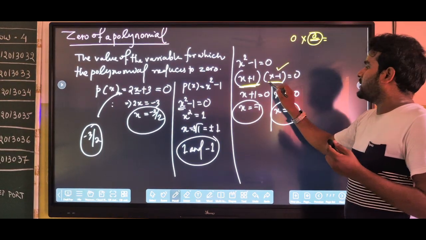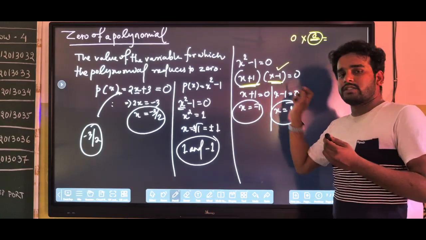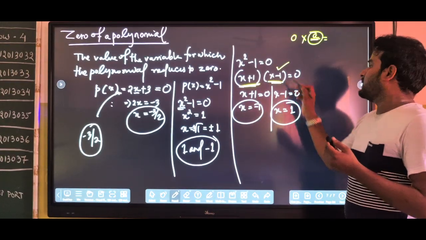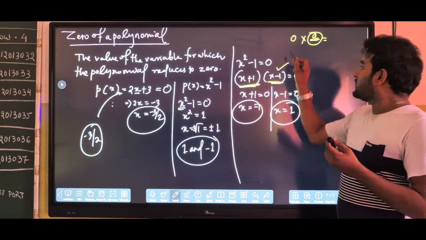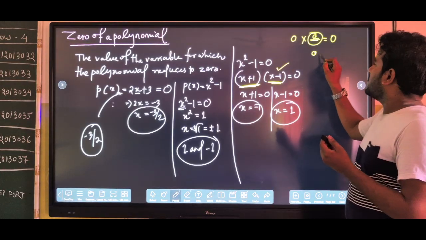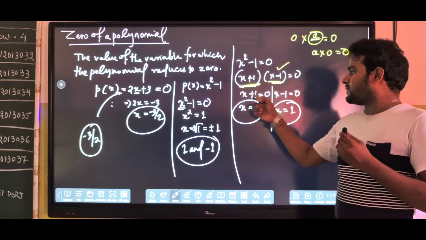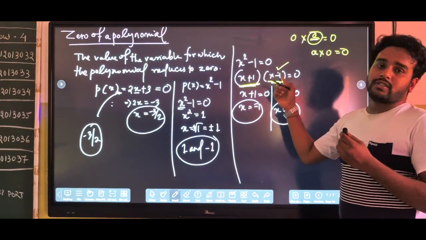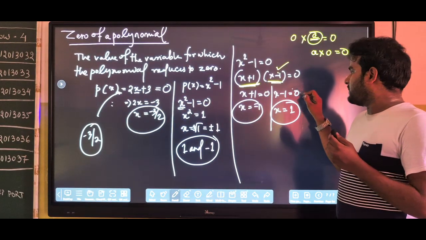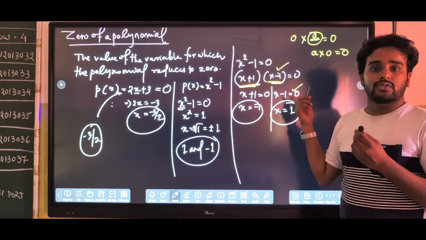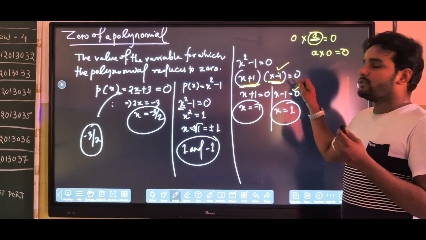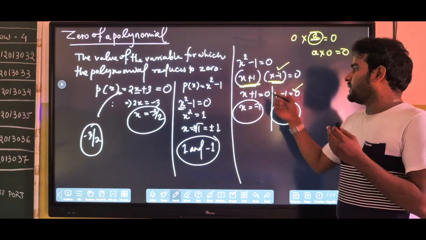The second time it may also be 0. 0 into a is 0, a into 0 is also 0. When the first term I have taken 0, the second term is non-zero. Again, when the second term I have taken as 0, the first term becomes non-zero. Like this we have to go in this process.